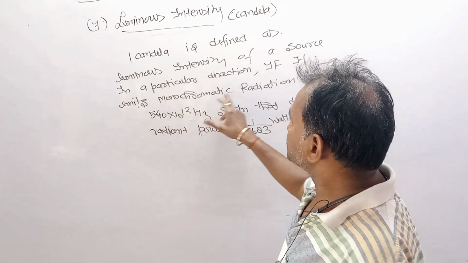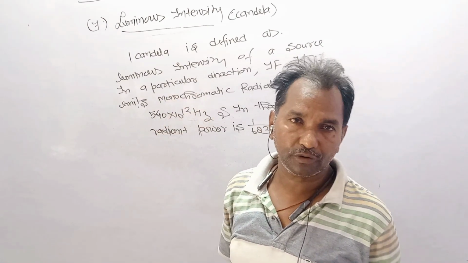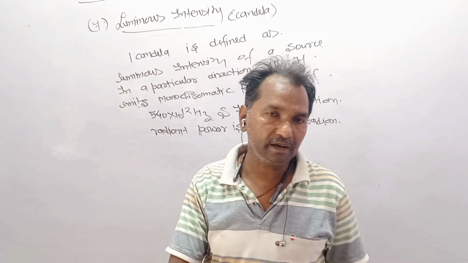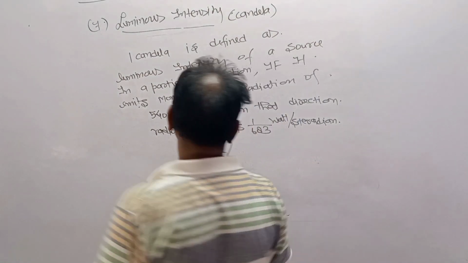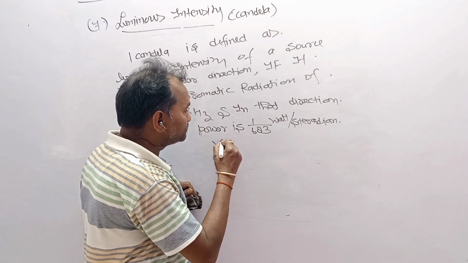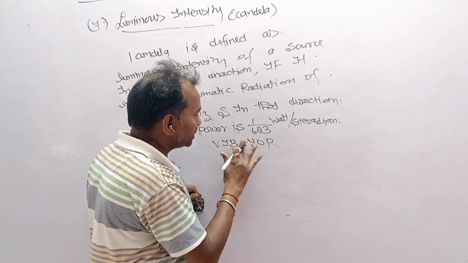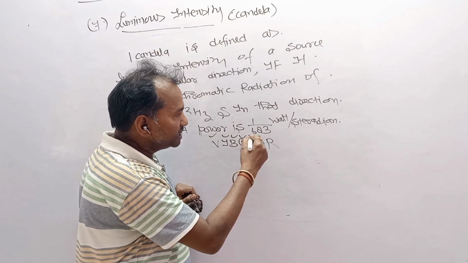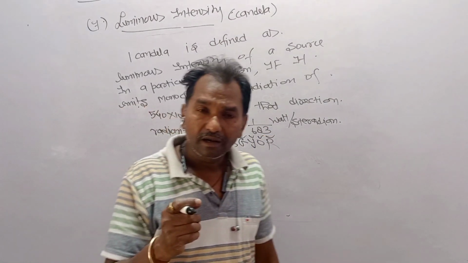Now comes monochromatic radiation. What do you know about monochromatic radiation? By the name it is clear that it is light of a single color. But actually it is not so. Dear students, you have studied the rainbow, the 7 color components: violet, indigo, blue, green, yellow, orange, red.